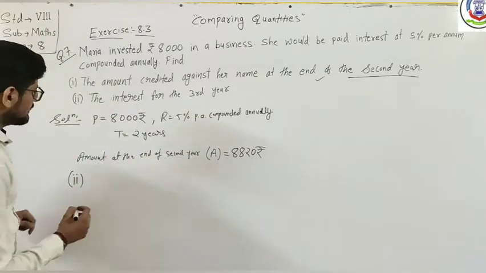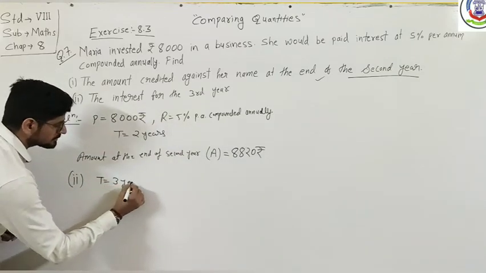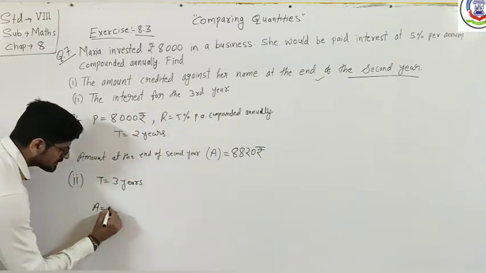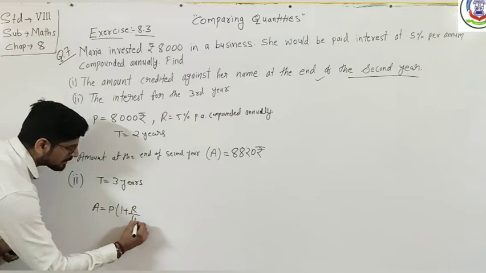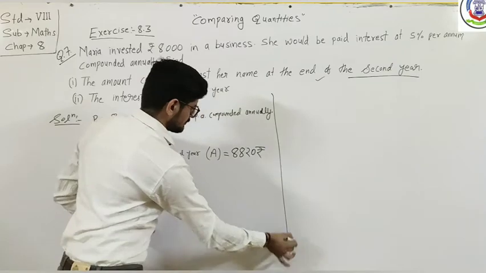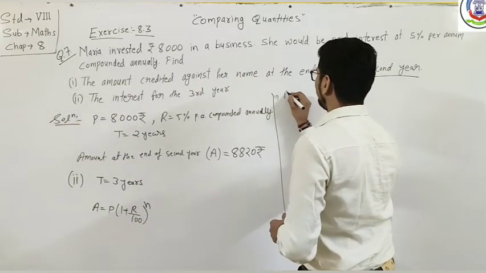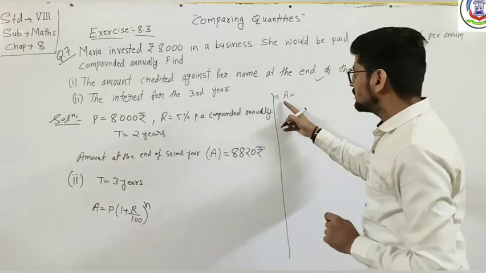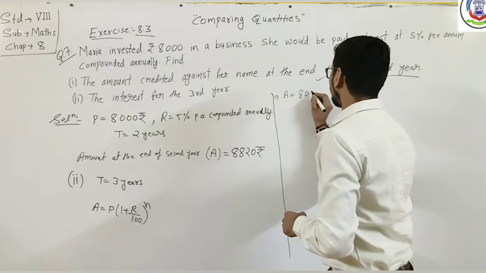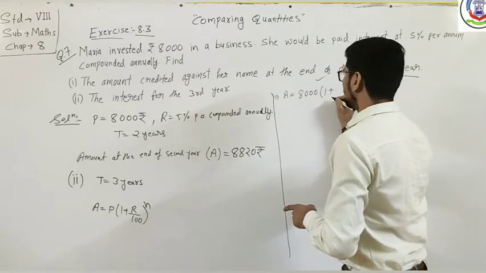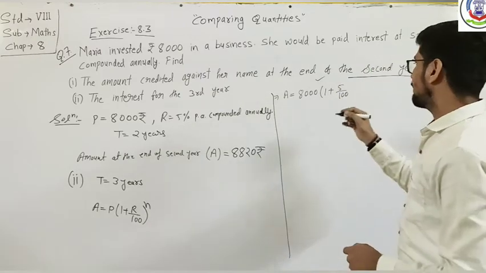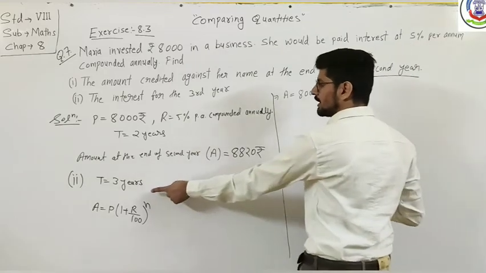So our time period is T is equal to 3 years, and the rest are the same. Okay? So A is equal to P(1 + R/100)^n. Remember, this amount is at the end of third year. And P is equal to 8,000, and 1 + R is 5 by 100, raised to the power n, meaning raised to the power 3.